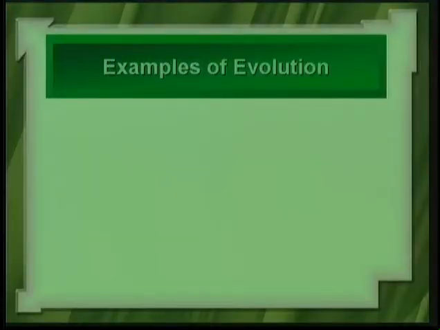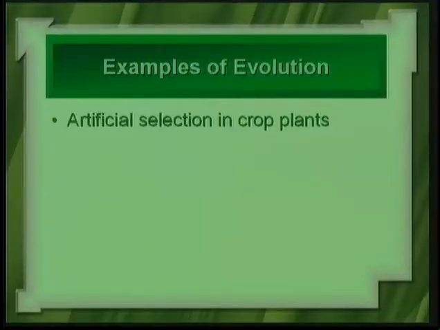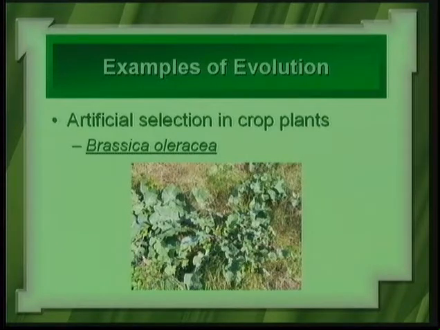Okay. Now we have other examples of evolution. We have what we call artificial selection in crop plants, such as, something we saw before, members of this group, Brassica oleracea. What you see here is wild mustard. All the different members of this group that we eat have been bred by humans.